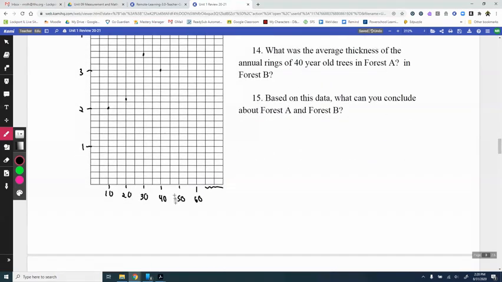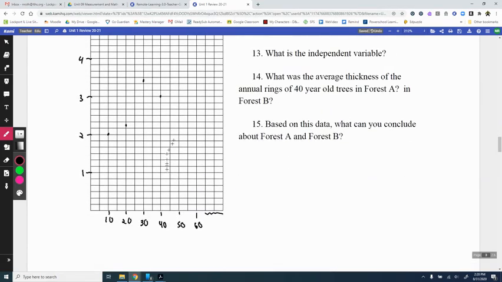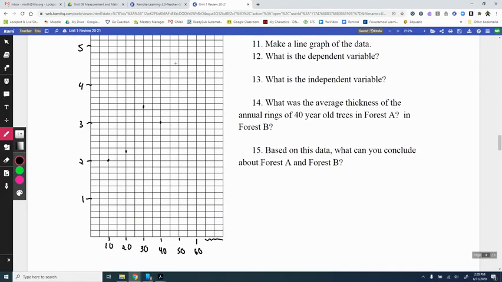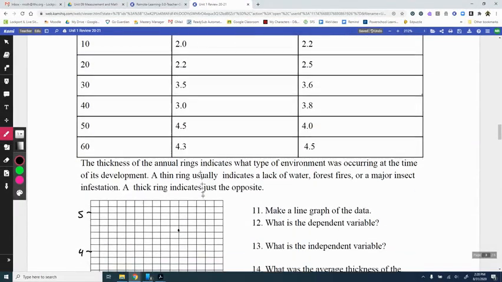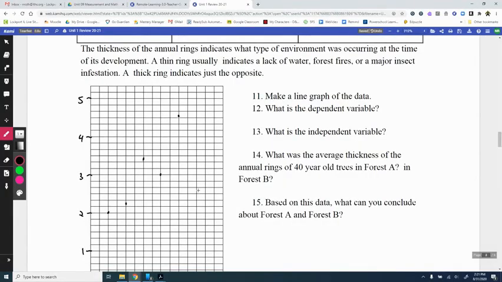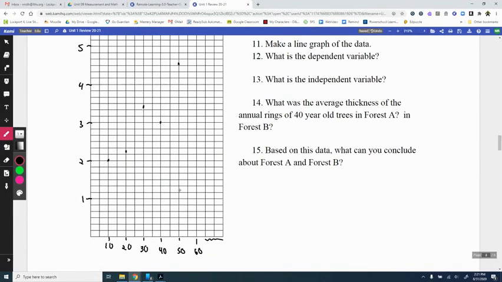50, 4.5, right there. And 60, 4.3. So again, that went down a little bit. 60, 4.3.